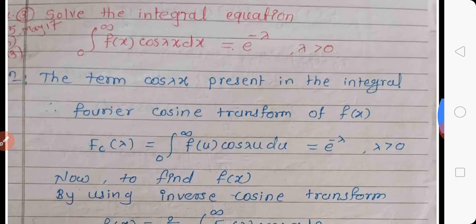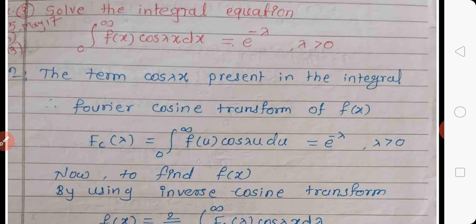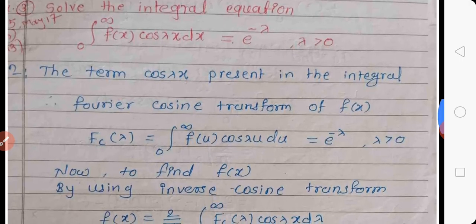Therefore, the given integral equation gives the value of the Fourier cosine transform. Here we are given the Fourier cosine transform. We find the solution for the integral equation, that is, we use the inverse Fourier cosine transform.